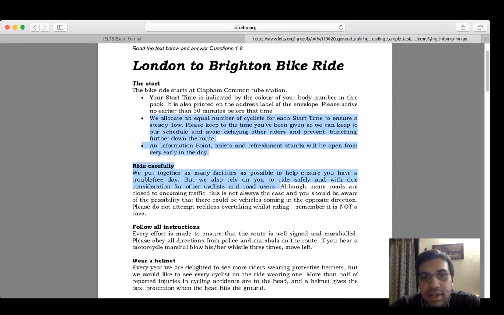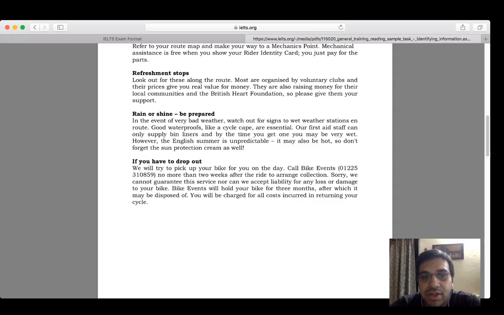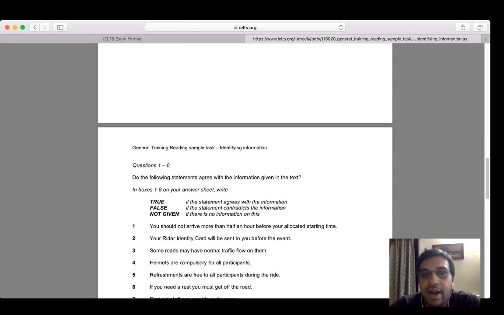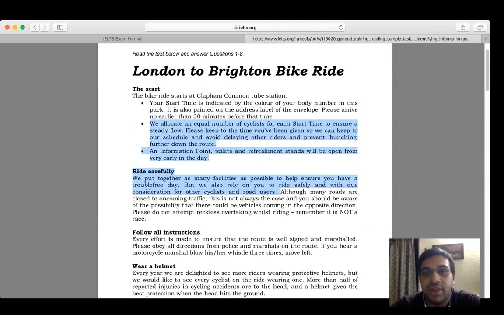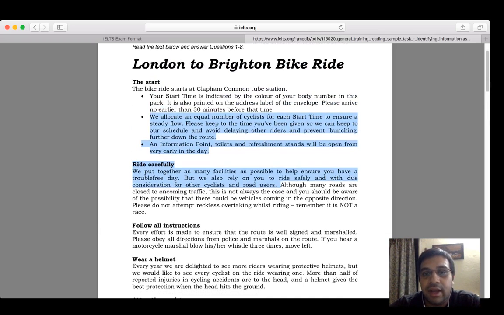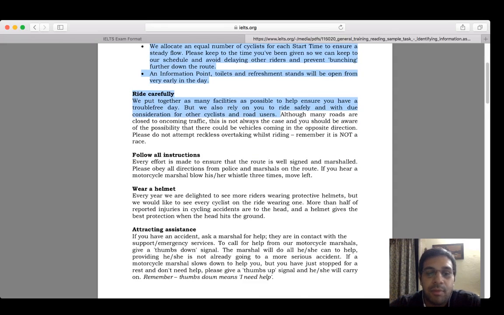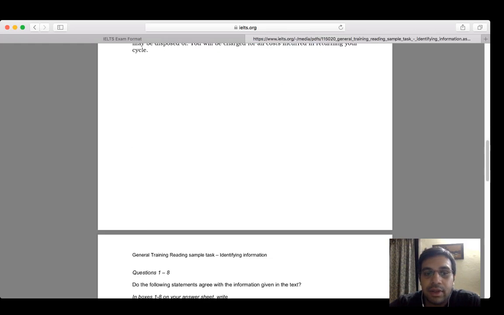As you'll see, in between these particular parts, identity card has not been mentioned, nor anything about it. And this comes back to the fact that all the questions are in the order of the text appearing in front of you. Hence, you can clearly and quickly answer the second question.